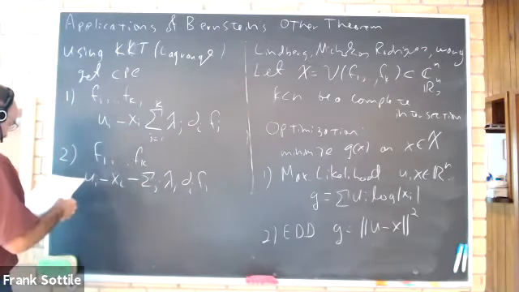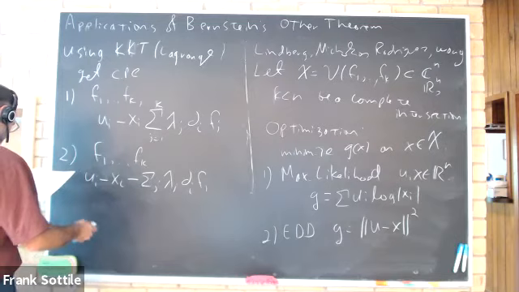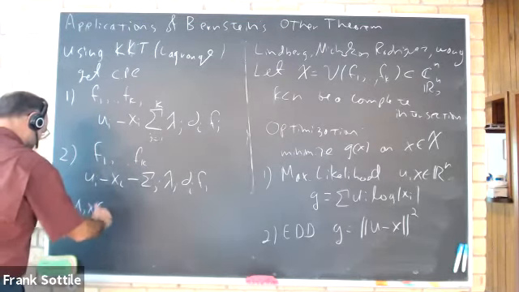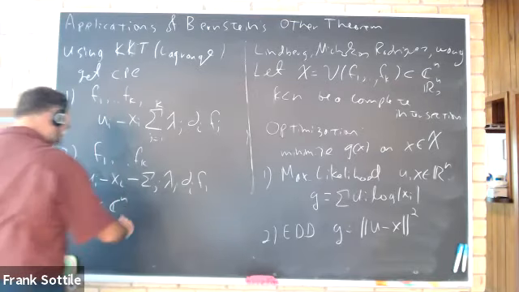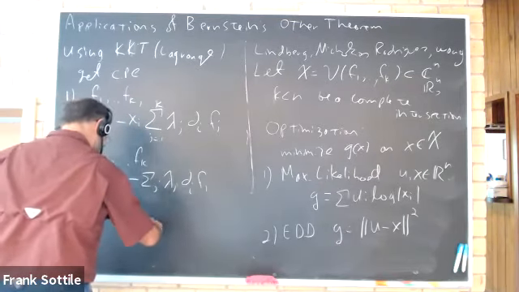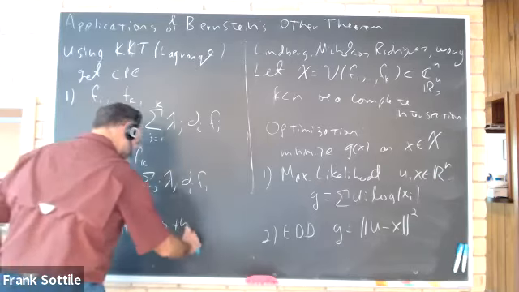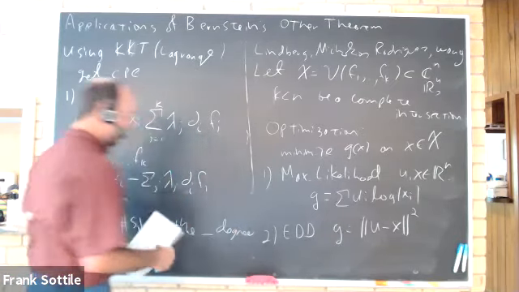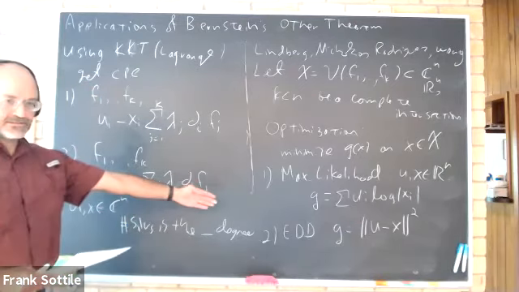Now here I can let things be complex, so u and x are complex, and the number of solutions is the degree of the problem. So maximum likelihood degree, Euclidean distance degree.